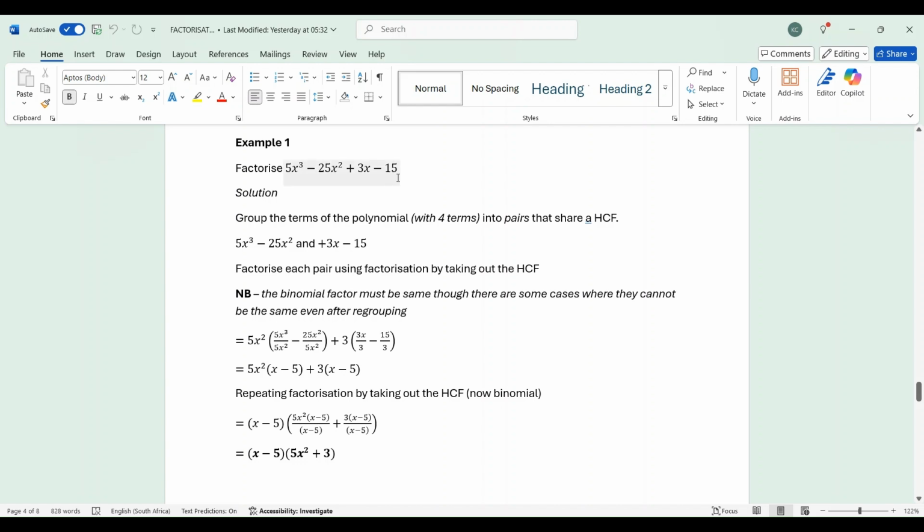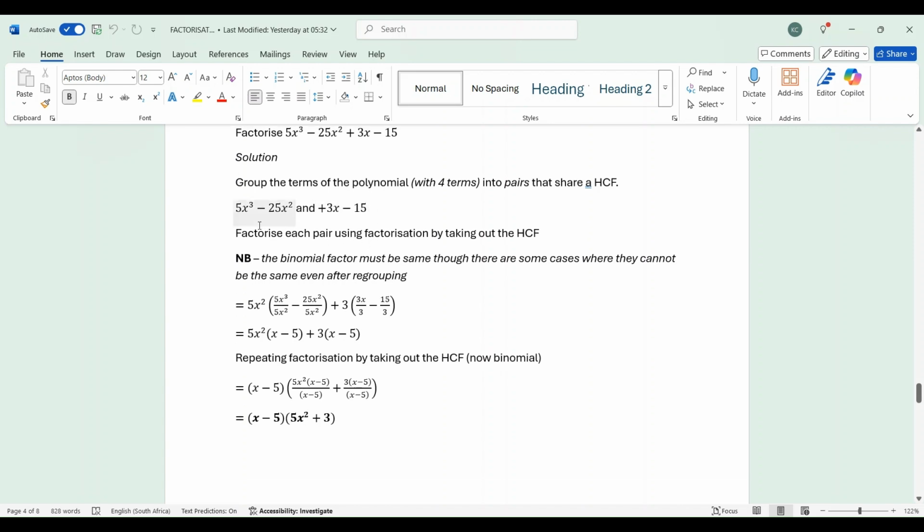To simplify this, we have to group the terms of the polynomial into pairs that share a highest common factor. In this case, we are going to first take 5x cubed minus 25x squared, and plus 3x minus 15.